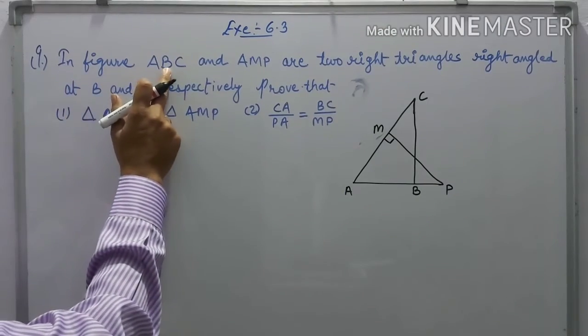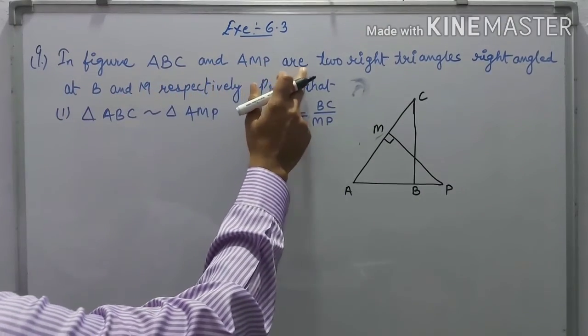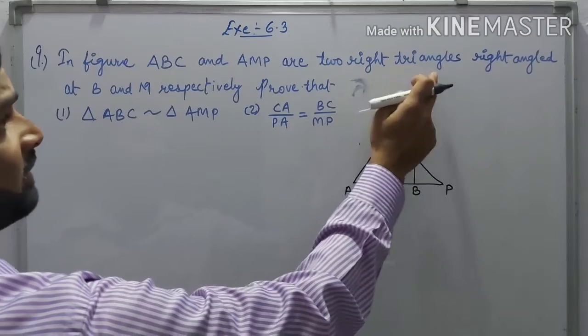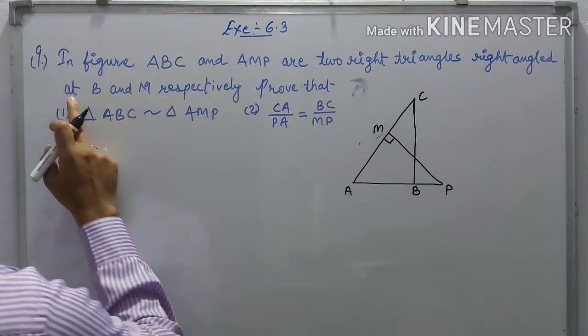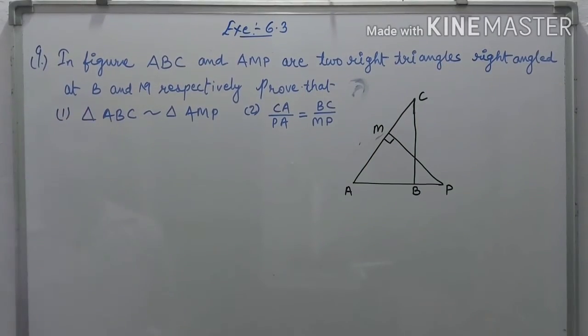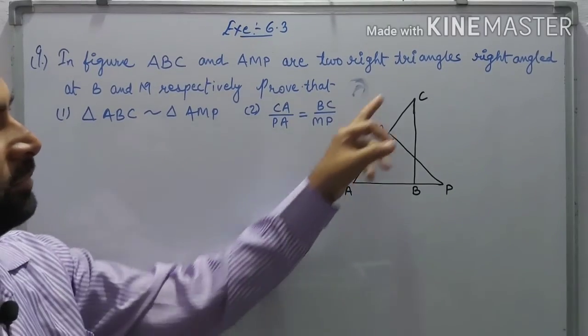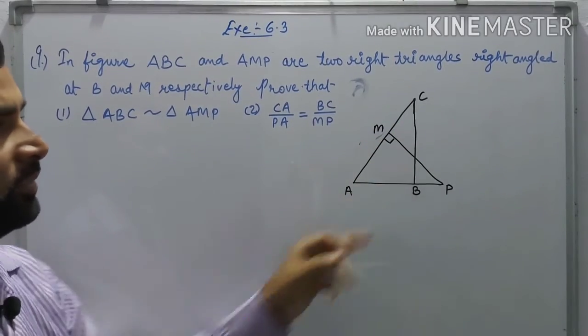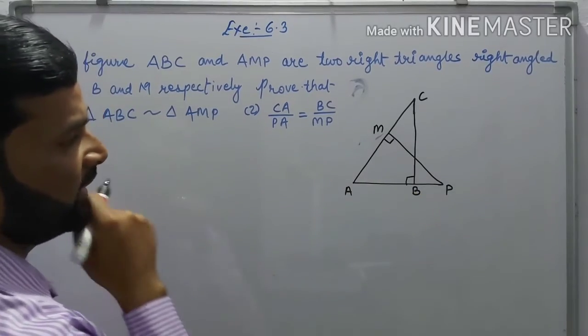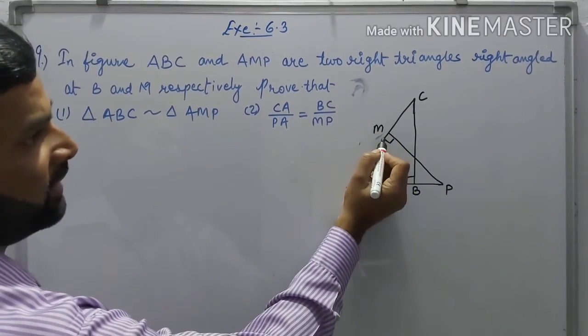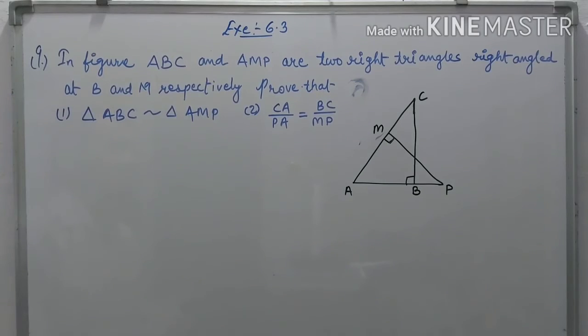In the figure, ABC and AMP are right triangles, with the right angle at B and M respectively. Means two triangles. The first triangle is ABC, where angle B is 90 degrees, and the second triangle is APM, where angle M is 90 degrees.